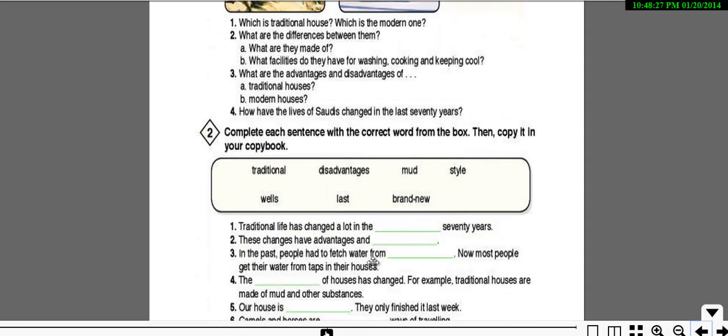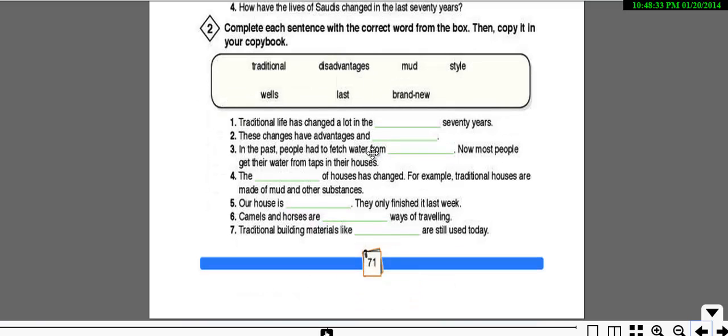Now, for part two: complete each sentence with the correct word from the box, then copy it in your copybook. Traditional, disadvantages, mud, style, wealth, last, brand new. Now, I'm just going to read it out for you very quickly, and then we're going to put the words in, because that's how we usually do it.